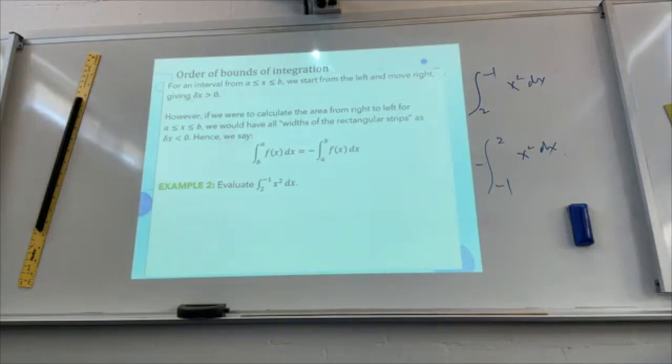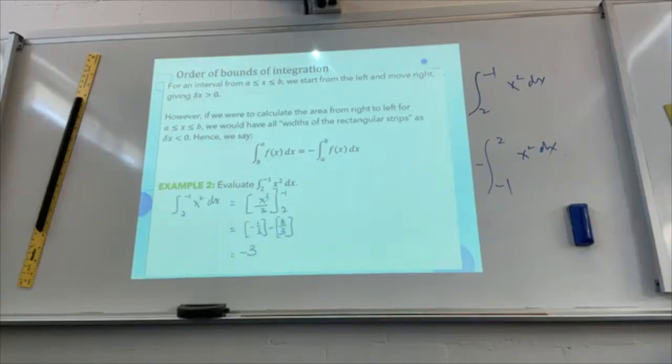So think about the interval. Where do you start, from a to b or b to a? In this case, I'm saying that a is smaller than b. So if I go from b to a, I'm moving the other way, so the delta x is going to be negative rather than positive.